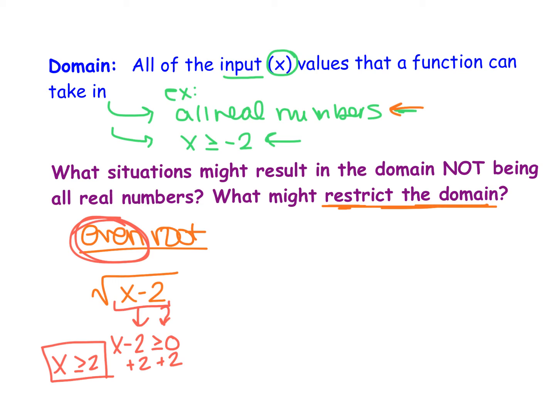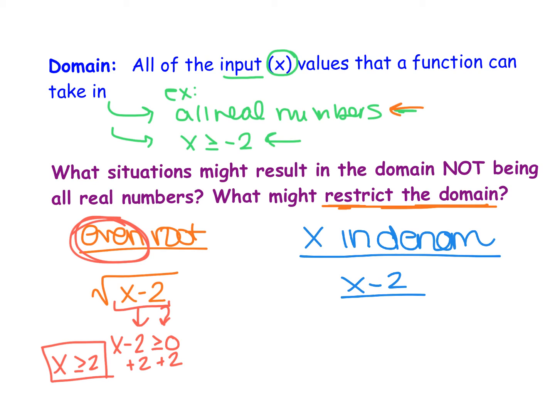Another situation that we commonly encounter where we might have a restricted domain is when we have an x value in our denominator. Say we had the equation x minus 2 over x plus 4.